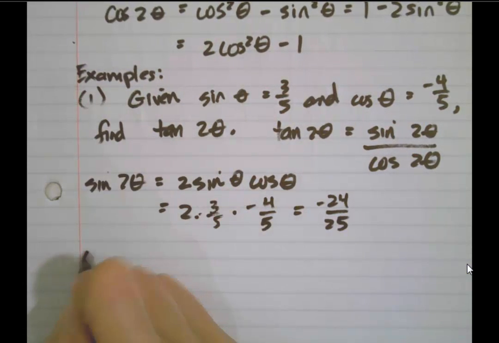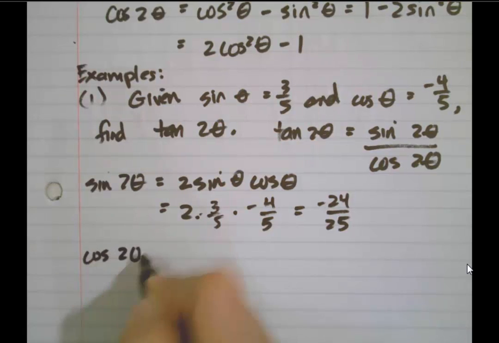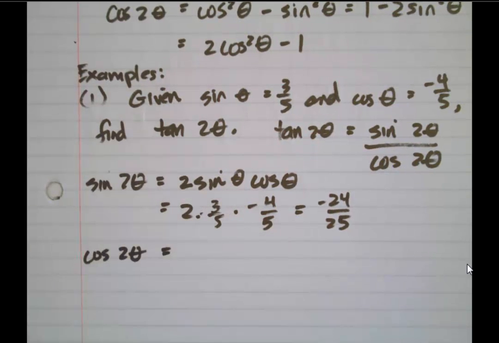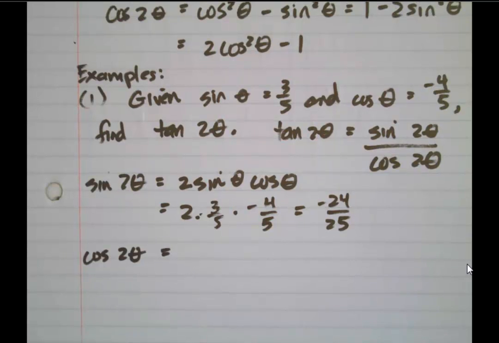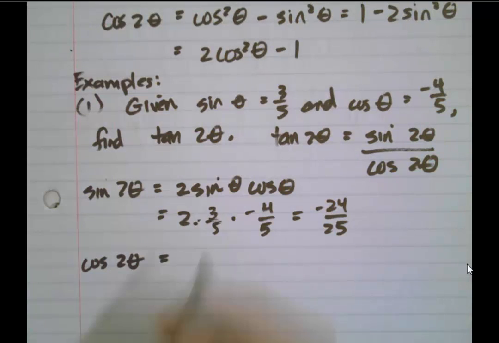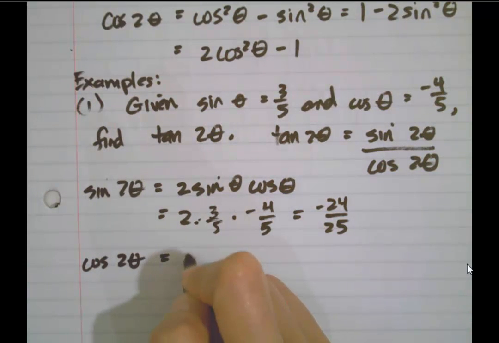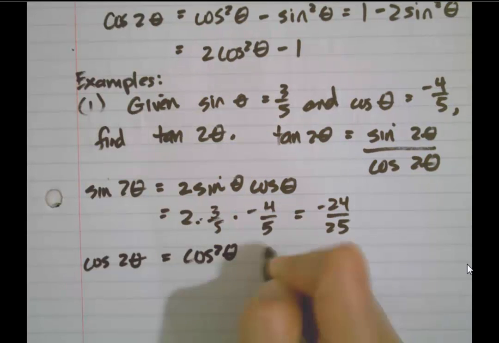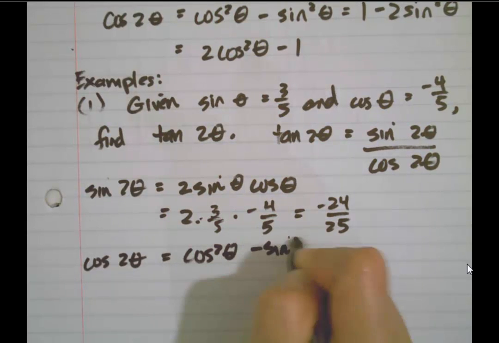Now cosine 2 theta, you have three different equivalent expressions you can use, but I'll go ahead and just use the first one. So we have cosine square theta minus sine square theta.